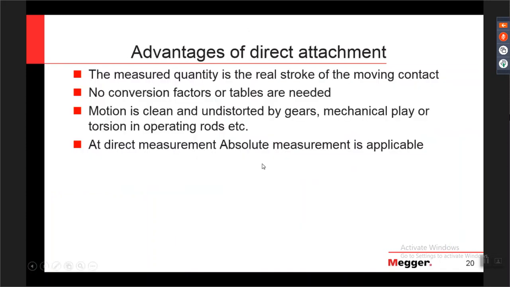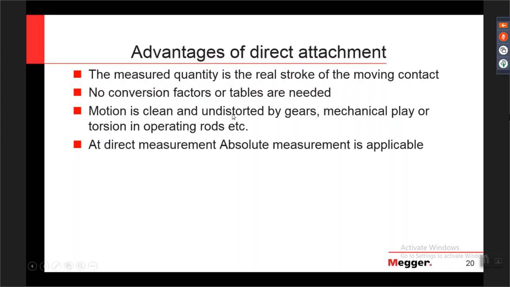So what are the advantages with direct attachment? The measured quantity is the real stroke of the moving contact. It means that you have a one-to-one relationship between the movement of the transducer and the movement of the contact. So there are no conversion factors, tables needed, and so on.